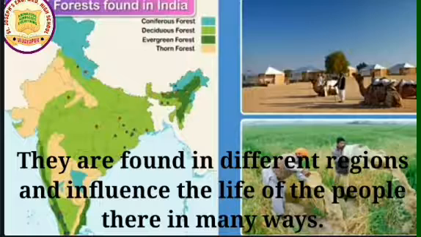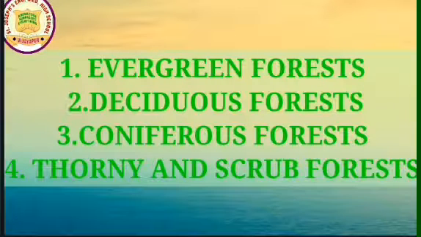They are found in different regions and influence the life of people there in many ways. See students, in India there are four types of forest found. First one is evergreen forest, second one deciduous forest, third one coniferous forest, fourth one thorny or scrub forest.